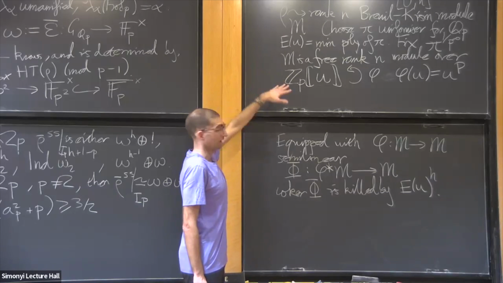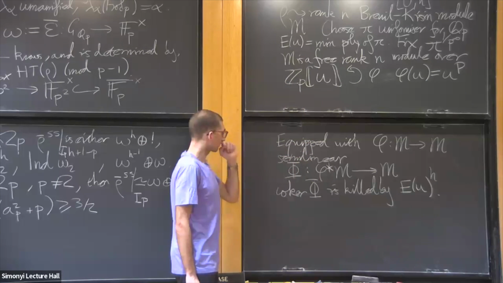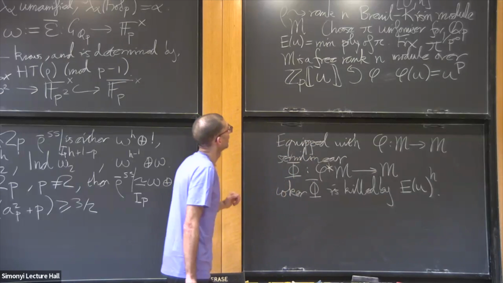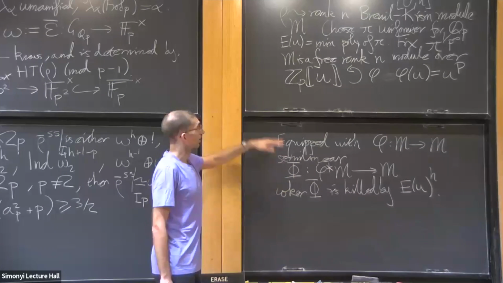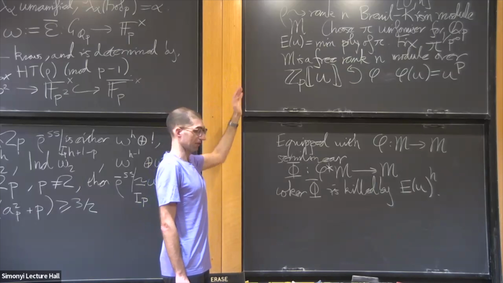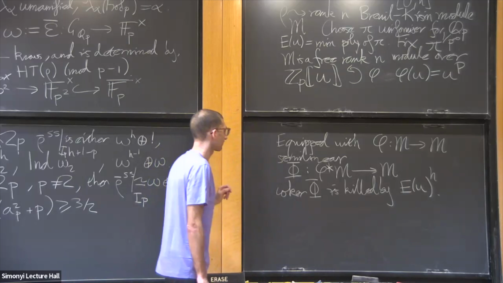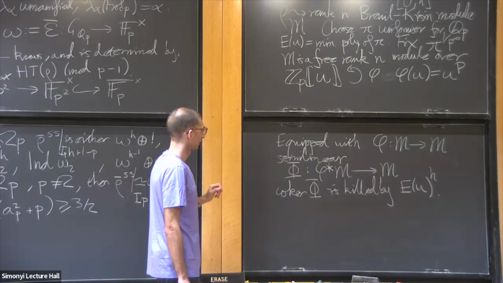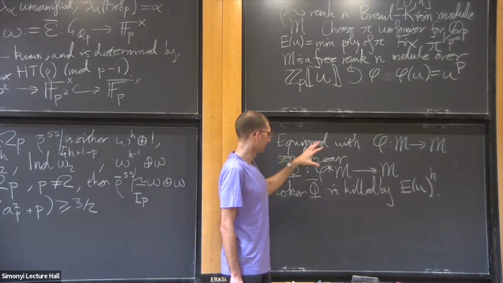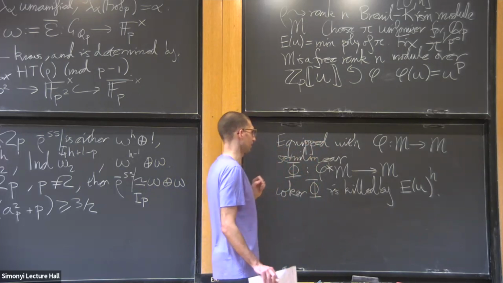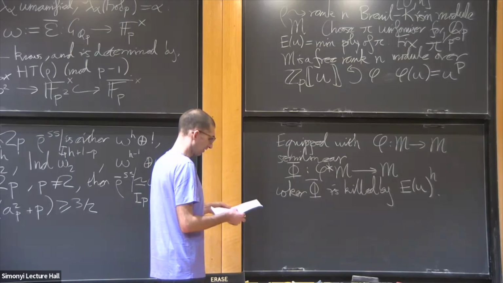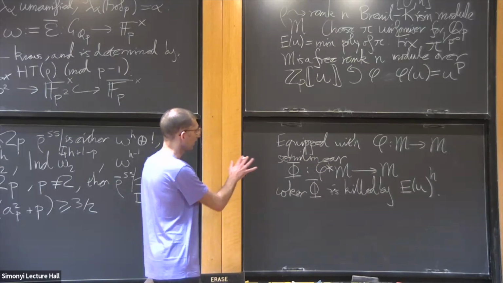Okay, so you have this assignment. This is some functor. I should say that not every Breuil-Kisin module comes from a crystalline representation, but that's not going to be too important for us. What is important for us is that these are rather more hands-on gadgets than lattices in crystalline representations, and they do know a lot about the Galois representation.